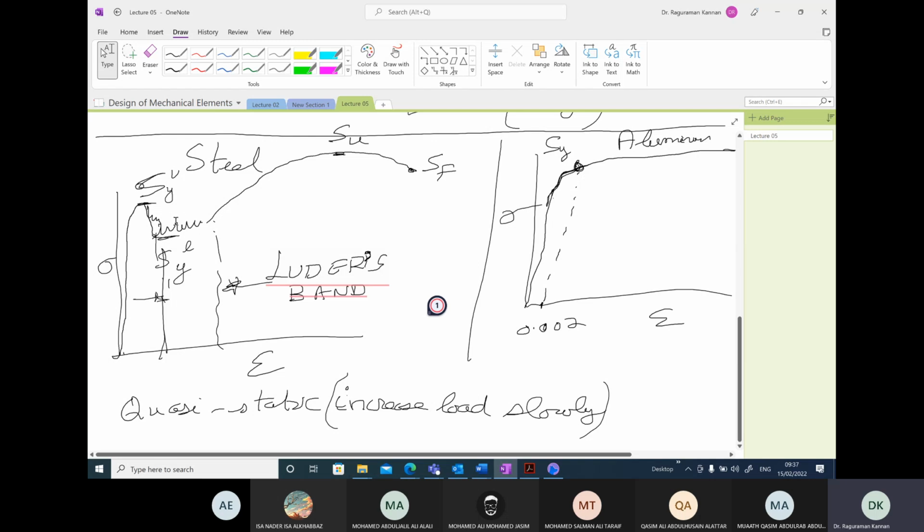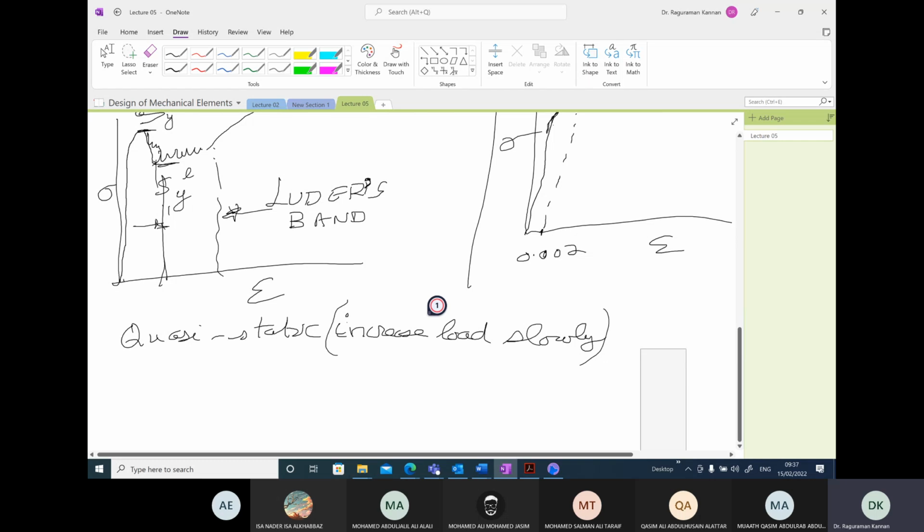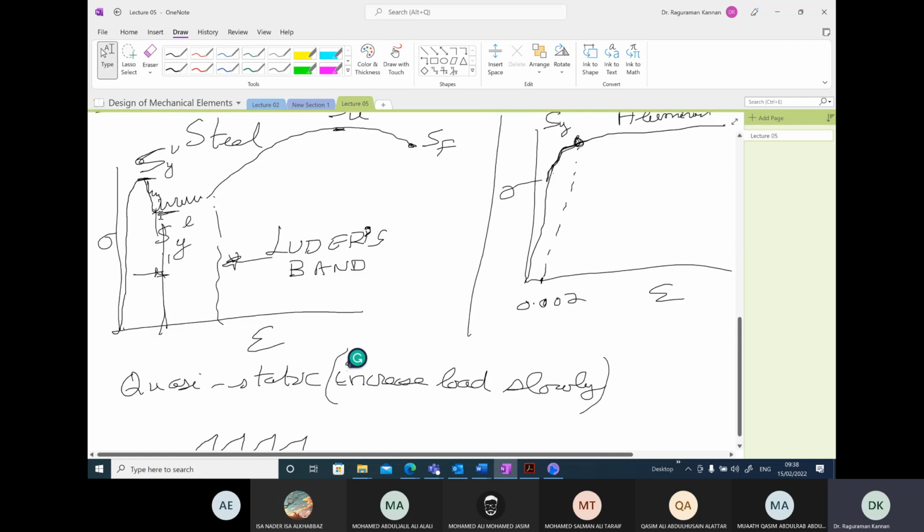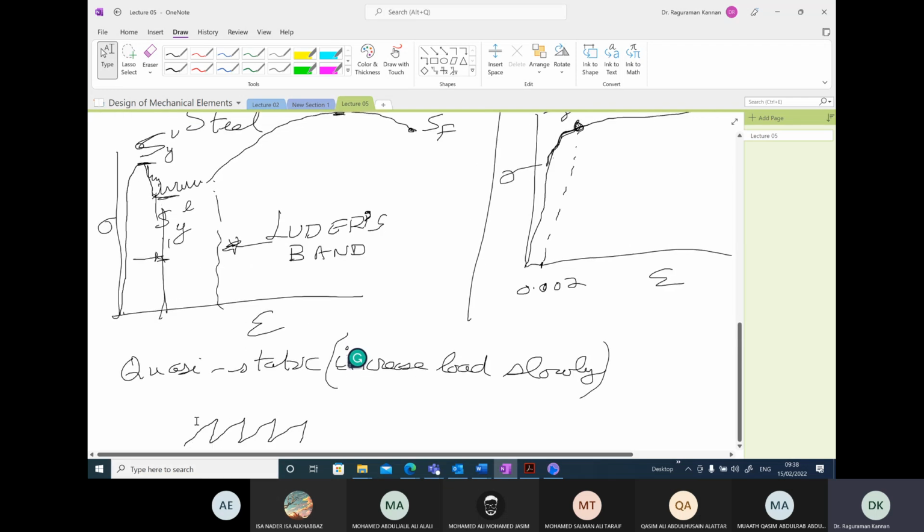And because of this, if you zoom into this particular part, what you are going to see is the force increasing in a zigzag fashion, decreasing, increasing and decreasing. So this is what happens in the Luder's band. Why does it happen?